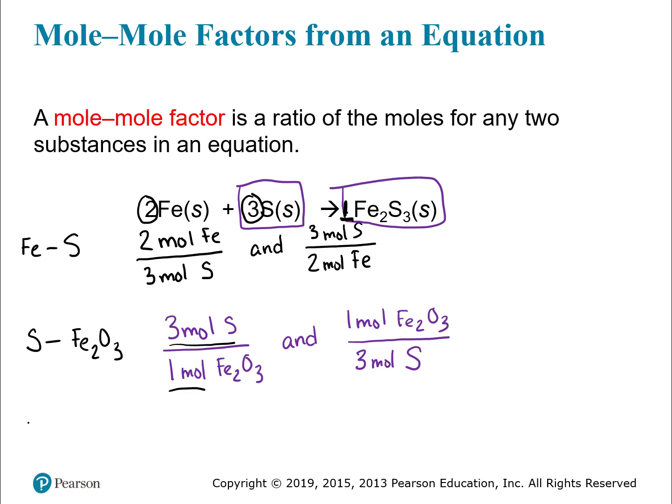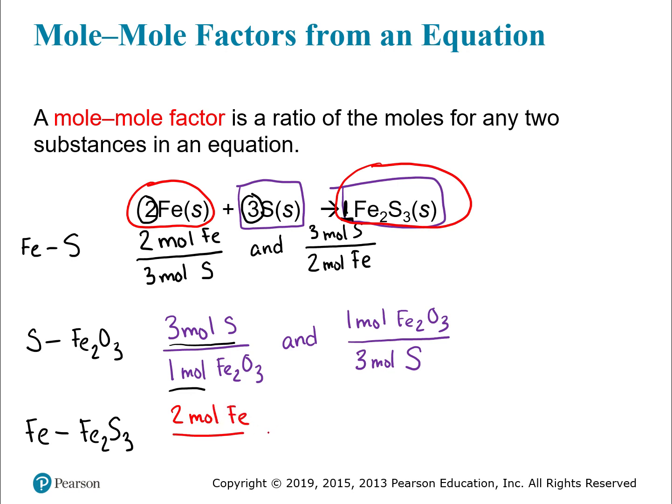So just for clarity's sake, let's also write the ratios for iron to the iron 3 sulfide. We're looking at the 2 and the 1. So we'll write 2 moles of iron and 1 mole of iron 3 sulfide.